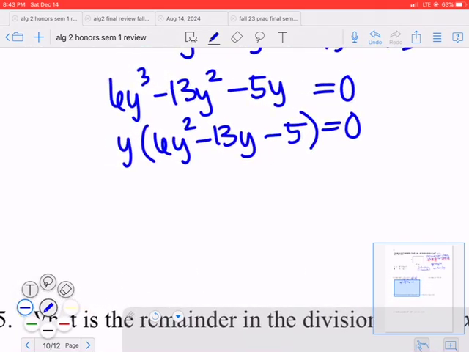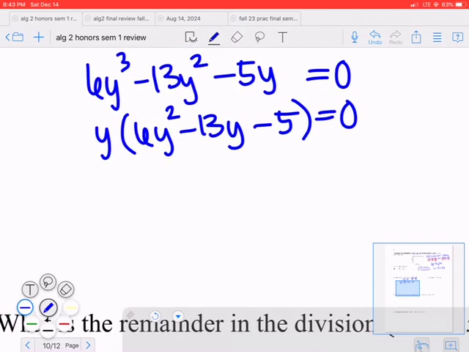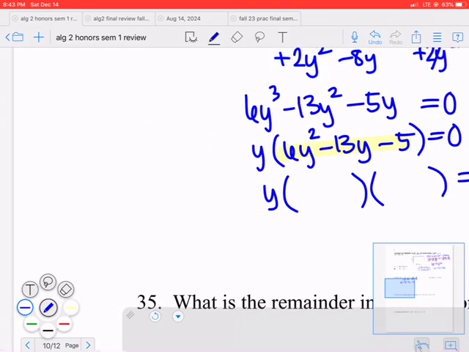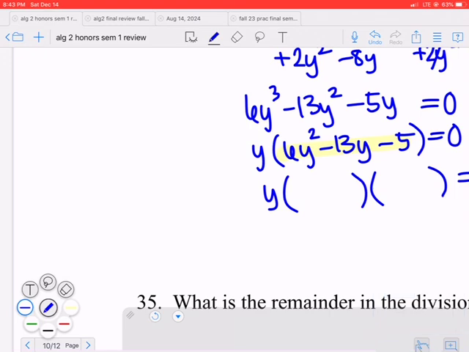And so we have to unfoil that. We got to factor that quadratic trinomial. So 6 times negative 5 is negative 30. Things that multiply to 30: 2 and 15, 3 and 10, 5 and 6. I know one of them has to be negative, so that they add to negative 13.